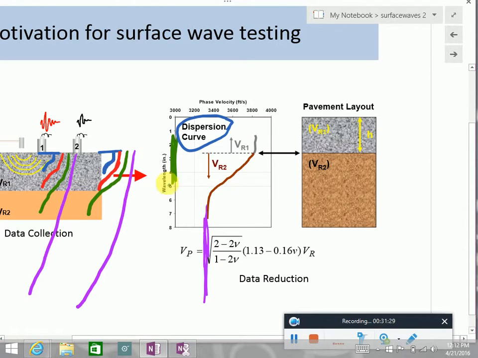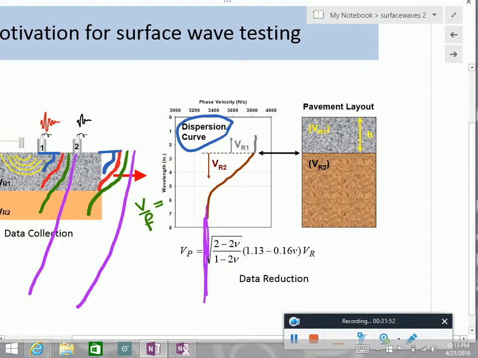The depth, no. Lambda, you know, is velocity over frequency. Yeah, but I remember when we were doing impact echo there was a relationship between the depth and the lambda, and you said the depth is 2 lambda, something like that. So there's no relationship here? I am not sure I understand it.